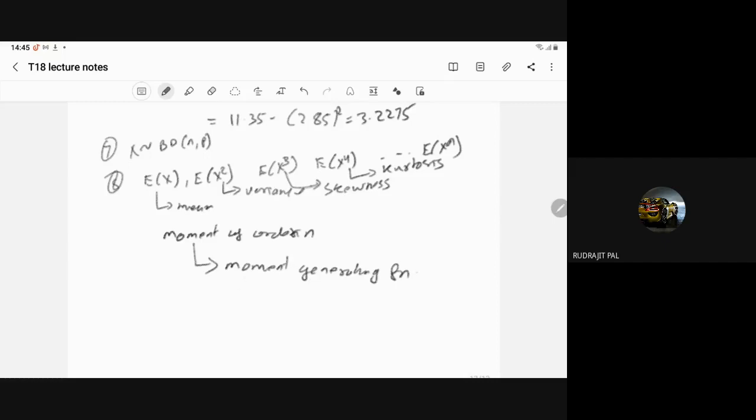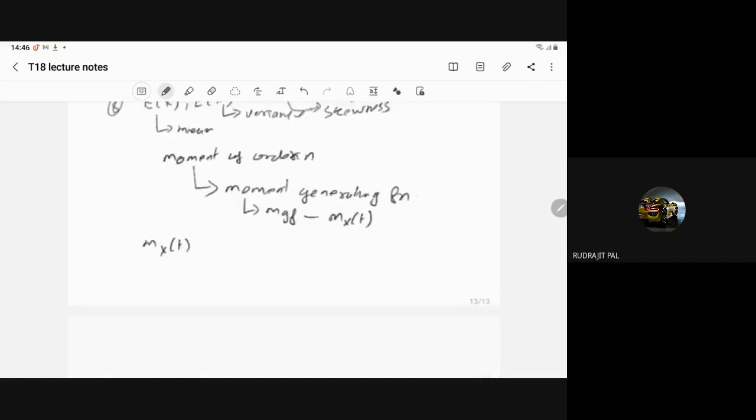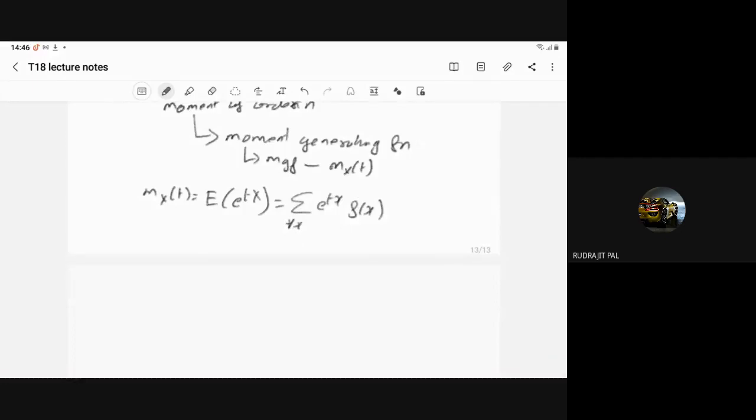Commonly we call it the MGF, and we denote it by M_X(t). M_X(t) is the expectation of e to the power tX. If X is a discrete random variable, it is the summation over all x of e to the power tx into f(x), value into probability.